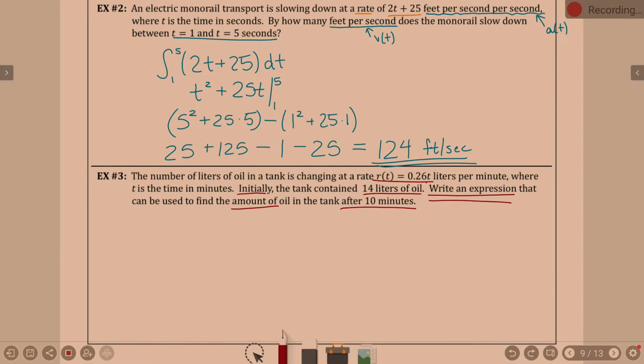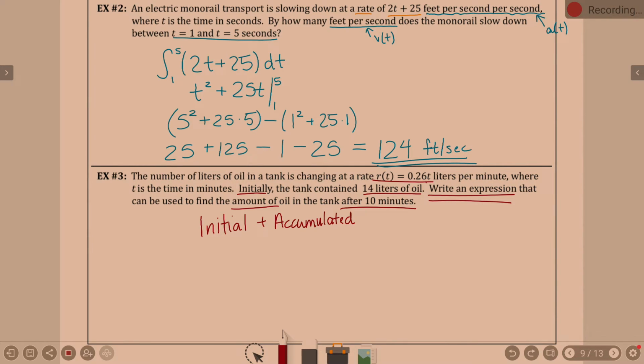And this just says changing. If it just says changing, I'm just going to add it. Now if it said leaking, something like that, then we might have to subtract. Okay? So this is another situation where we are going to talk about initial plus the accumulated.